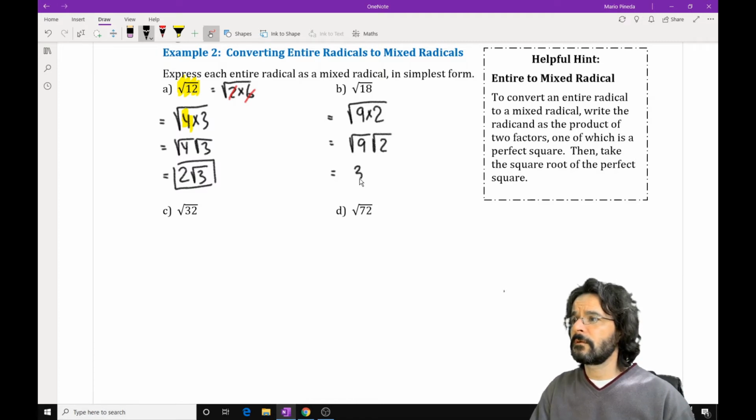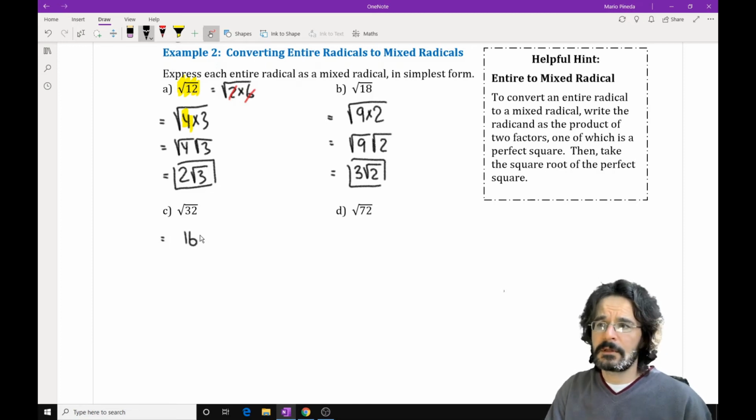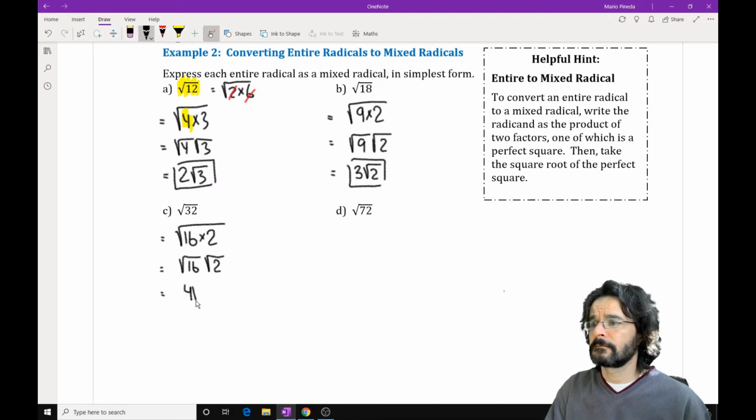So it's going to be 3 times square root of 2. Next example here, 32 can be factored into 16, which is a perfect square, times 2. We split this radical into 2, so it's going to be square root of 16 times square root of 2, and then square root of 16 is 4 times square root of 2.